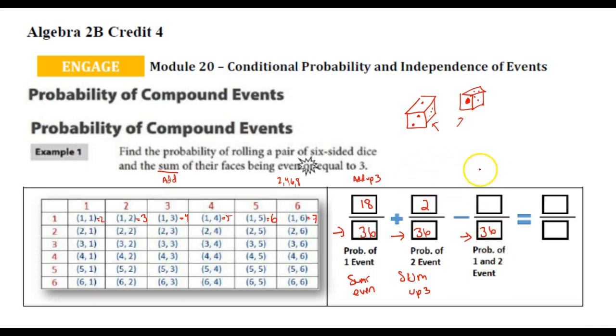So looking at this, do you see any on this chart, by the way, that would be both adding up to an even number and also sum up to 3?